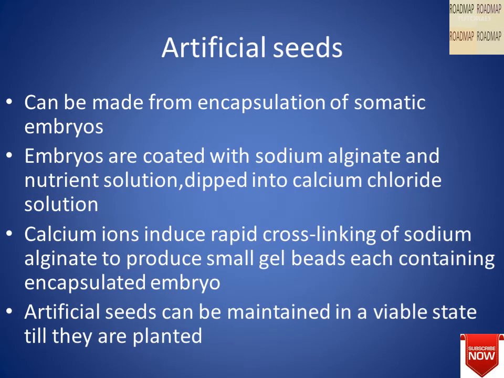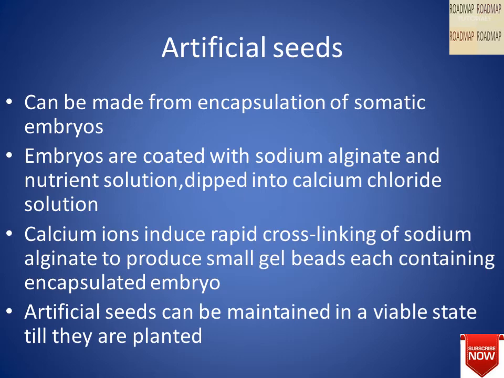Now, artificial seeds or encapsulated seeds can be formed from somatic embryos. Artificial seeds can be made by encapsulation of somatic embryos. The embryos are first coated with sodium alginate and then the nutrient solution, and then further they are dipped into the calcium chloride solution.